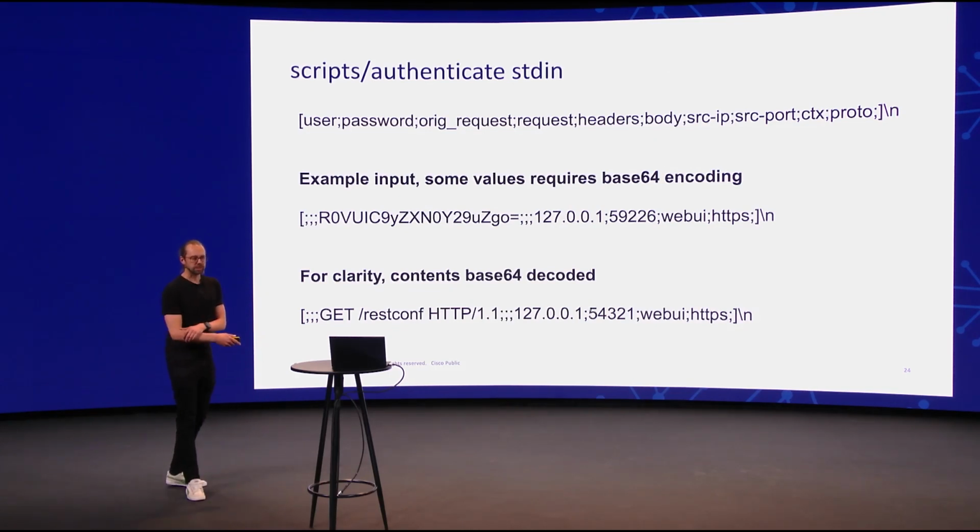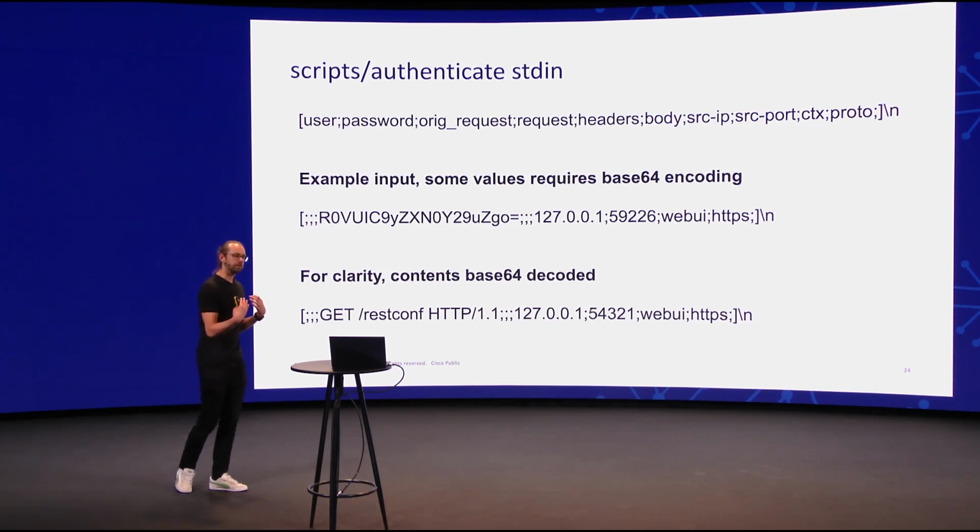Okay, so this is the standard in API call, right? We have the one line on this format, which you might recognize from the external authentication, where you have user, password, the original request that the user came from.